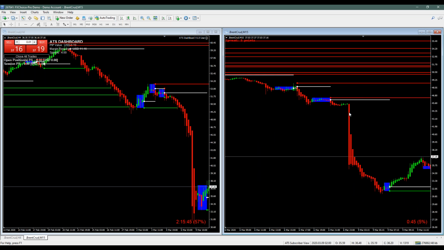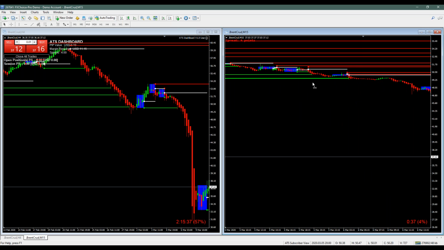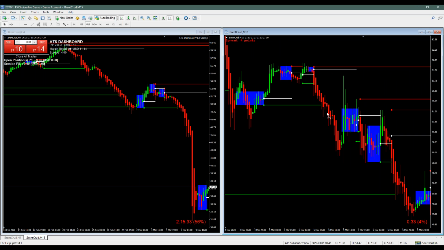This is one of those things where it just opened and kind of took off. I don't know that there was really that great of entries into this. Yeah, this looks like it would have been an entry right here.